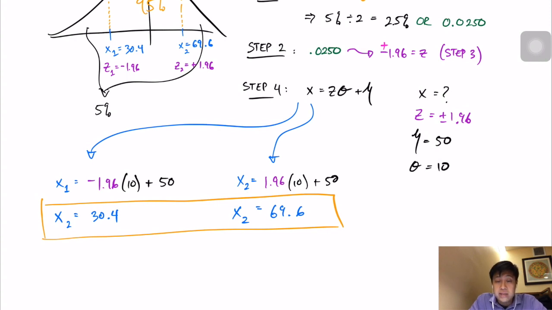We look that up inside our table, where there are 4 decimal places. We find the associated z-scores. Once that's done, we use the formula properly to figure out what those x values represent. Once we find them, then we now know, oh, between 30.4 and 69.6, or in this case the dollars, $30.40 and $69.60, all the data between those two values represent 95% of the data.